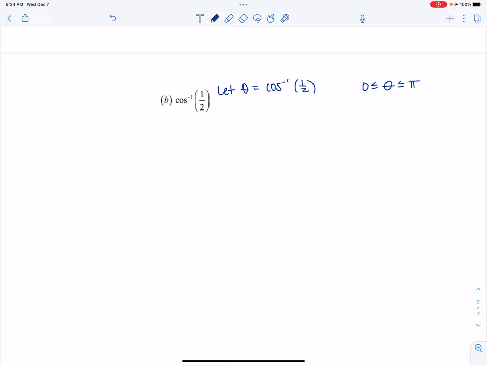That's all I wanted to do, was make that cleaner. Okay, so since I have cosine inverse of 1/2, what I'm going to do is the inverse of cosine inverse, which is cosine. So I'm going to take the cosine of both sides to get rid of that inverse. I have cosine theta and cosine of cosine inverse, which leaves me with cosine theta equals 1/2. And we're in between 0 and pi.